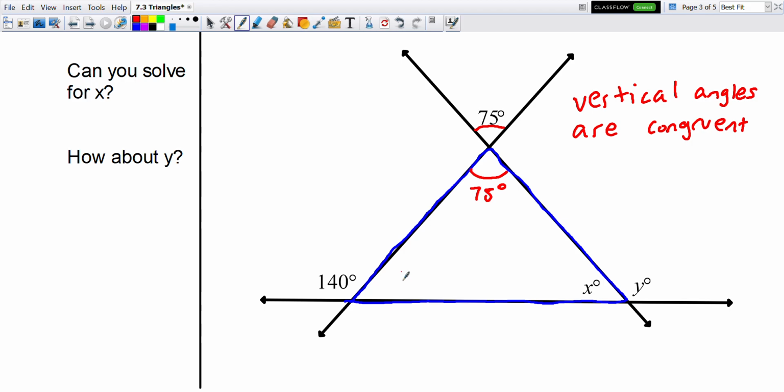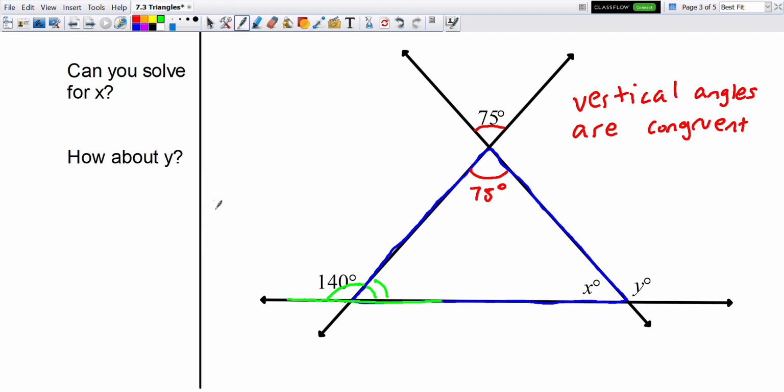Let's figure out this one down here in the bottom left then. Here, I see a nice straight angle. Look at that right here. Where this 140-degree angle plus this unknown angle here, since it forms a straight line, should equal 180 degrees.